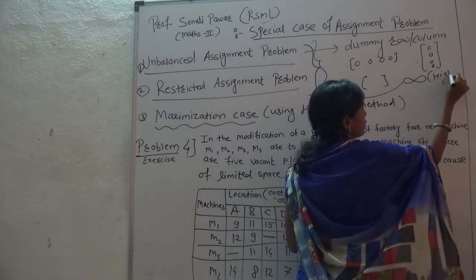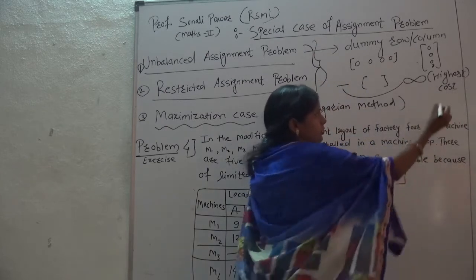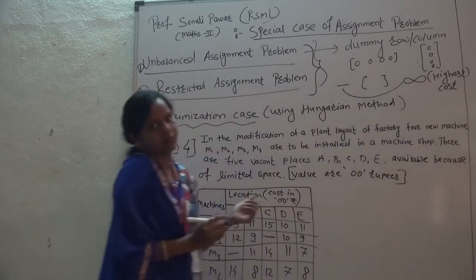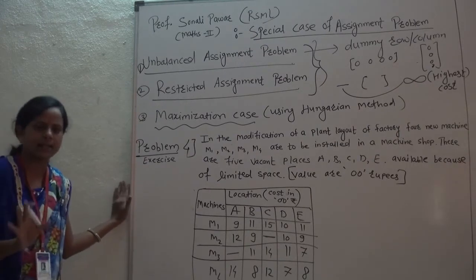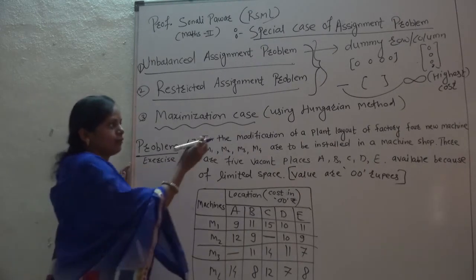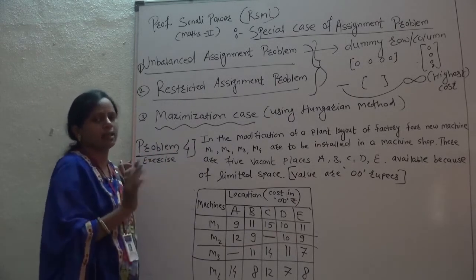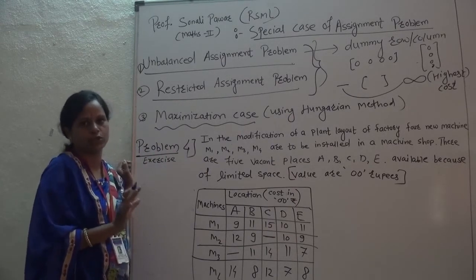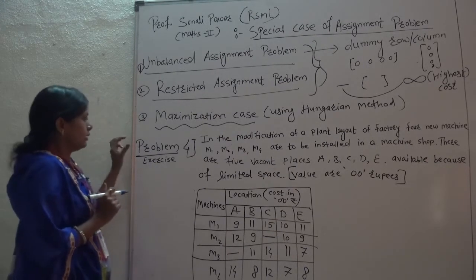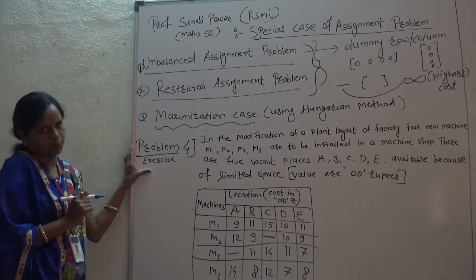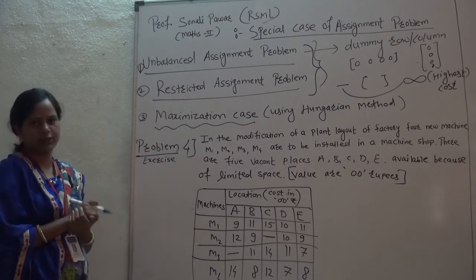What is the highest cost? The highest cost is infinity. If we add any value to or subtract any value from infinity, we don't have a problem. That's why the dash is replaced by the highest cost, infinity. So now students, in this problem we have to use a dummy row, dummy column and infinity.